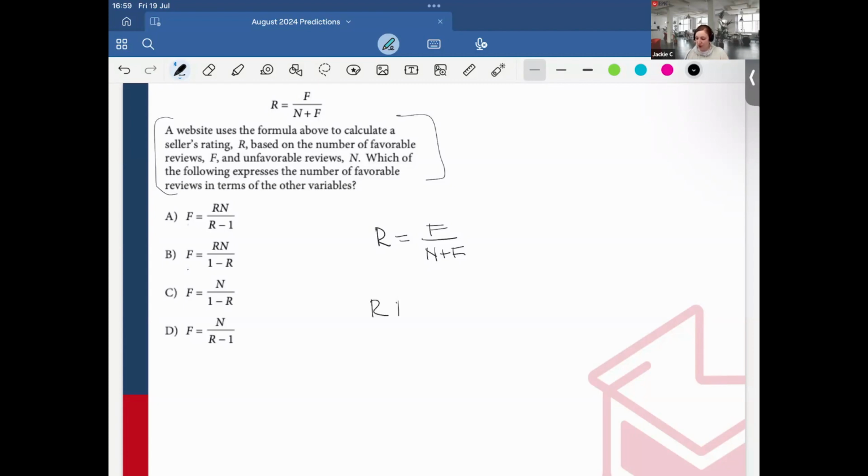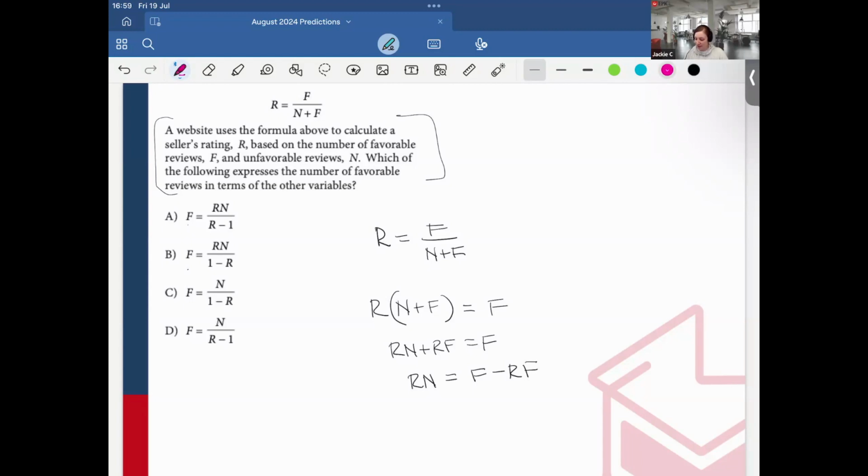I can first multiply each side by n plus f, which would give me Rn plus Rf is equal to f. Then since I'm solving in terms of f, I want to group like terms together. So Rf and f I could move together, making this Rn equals f minus Rf.